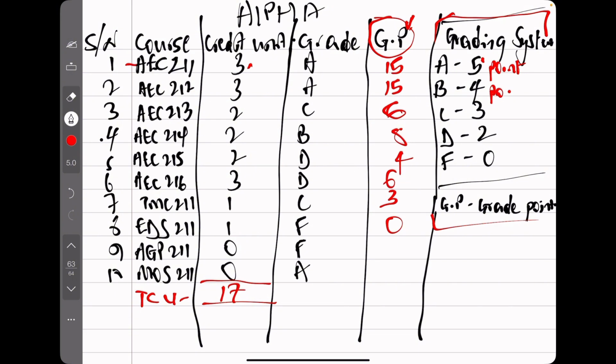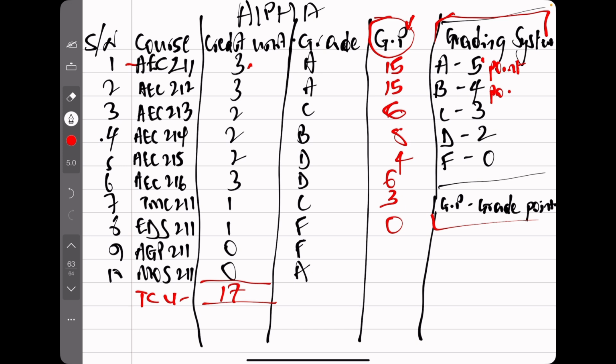HGP211 is a 0 unit course. So no matter what you get, it's not advisable for you to fail it, but it's safe to know that it doesn't affect either your GPA or your CGPA. AGP is no more 2 units, just so you know. Before, if it was a 0 unit, it was not going to affect your GPA, even if you had an F, although you carry it over.